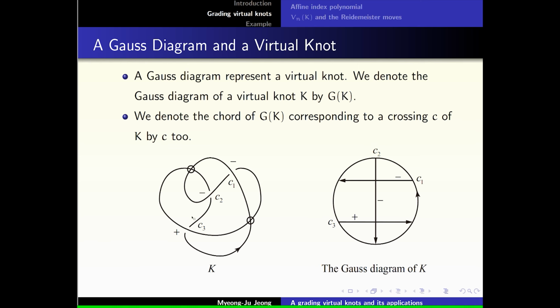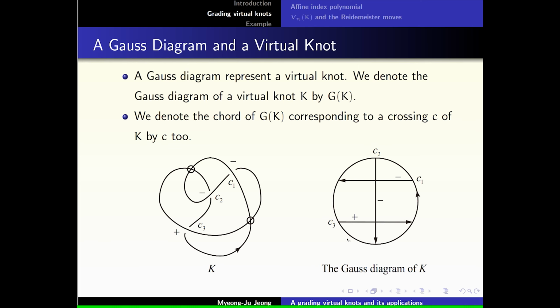And the crossings have a crossing sign, and for each crossing we correspond a chord with the crossing sign like this one. In this way, we can associate a Gauss diagram to a virtual knot.